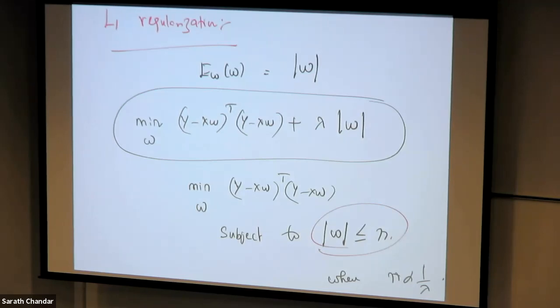Let's take 2D. In 2D it says the absolute value of W1 plus the absolute value of W2 should be less than or equal to some value. So what kind of figure is this? Okay, there is some answer in the chat. Is it a square?